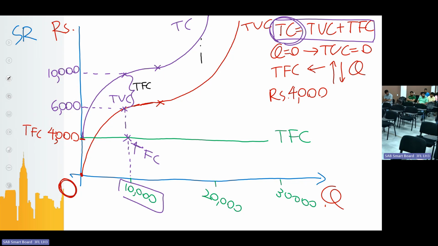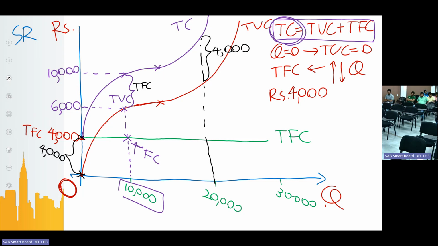At 20,000 units of output, this vertical difference between total cost and total variable cost is total fixed cost. So at zero level of output, the vertical difference between total cost and total variable cost is total fixed cost, which is 4,000 rupees.